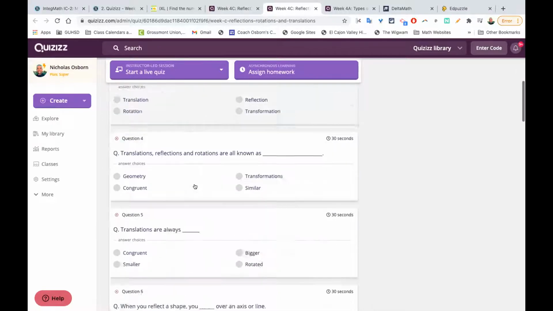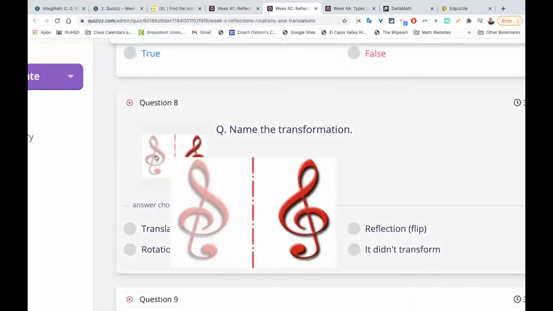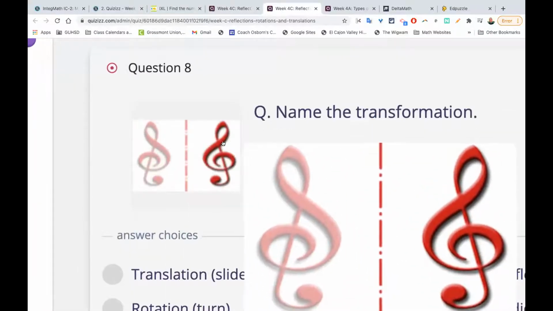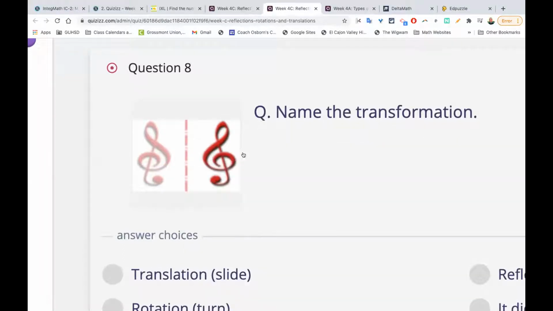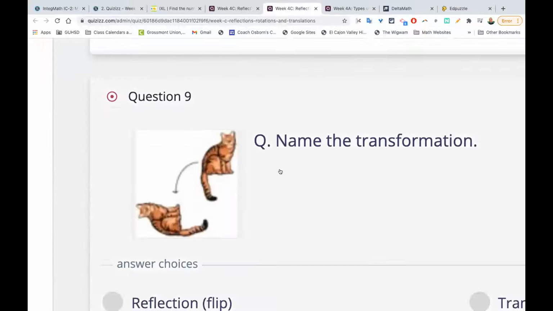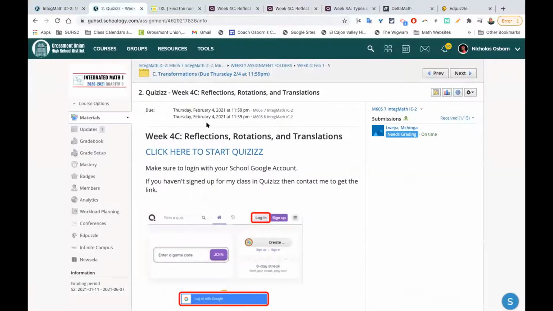Like if I move something like this, this shape moved from the right to the left, that means I'm flipping this shape, right? Or in this one, I'm kind of rotating or turning the shape, okay? So you guys are just going to be learning what those are called, what's the name of them. And then if I give you a picture like this, what type of transformation is it, okay? So that's what Thursday is all about.